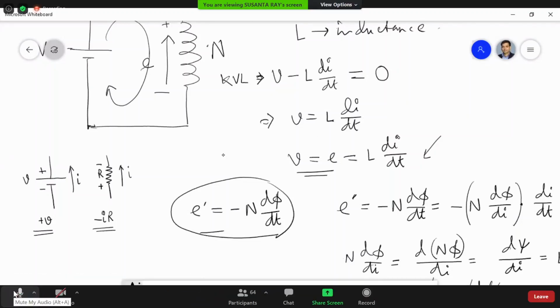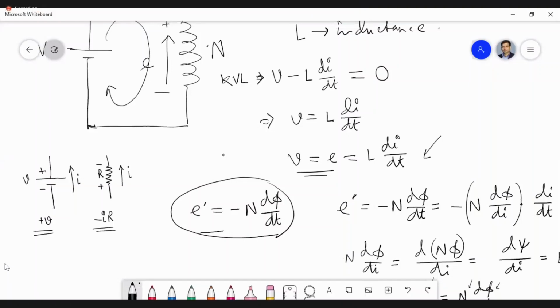Yes, sir. Because in resistance, the potential is dropped. So therefore it is minus IR. In voltage source, the potential is gained, negative to positive. So therefore it is plus V. But suppose if I assume the current like this, the same voltage will be minus V. Okay.